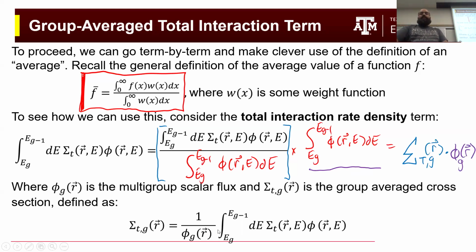And that also looks like a definition of an average. I'm integrating that total cross section over a range with the energy dependent flux as the weight function. And then in the bottom, I'm integrating over that weight function. But by definition, the integral of that energy dependent flux over that group width just gives me the flux for that group.